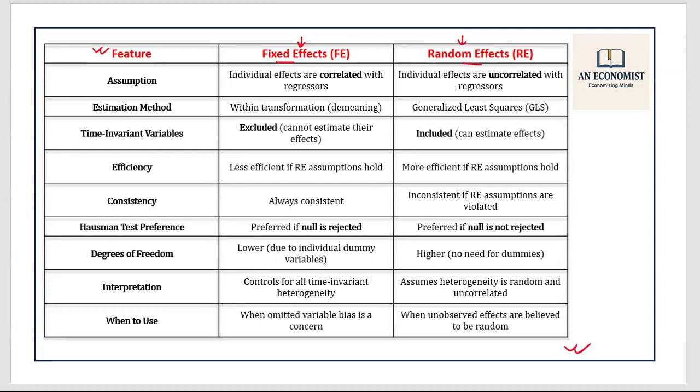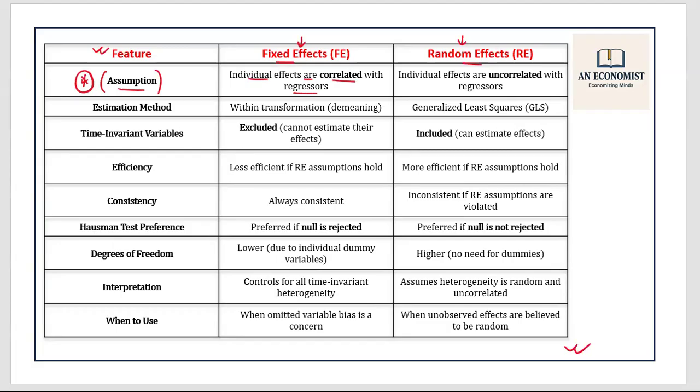So see, the first point of difference, which is the most crucial difference, the main distinguisher between the fixed effect and the random effect model, says that in case of fixed effect model, individual effects are correlated with the regressor. So individual effect means the unobserved heterogeneity. Remember, we have studied this.